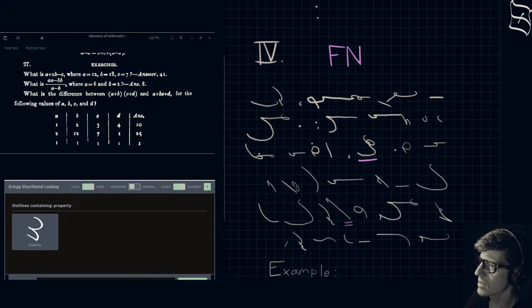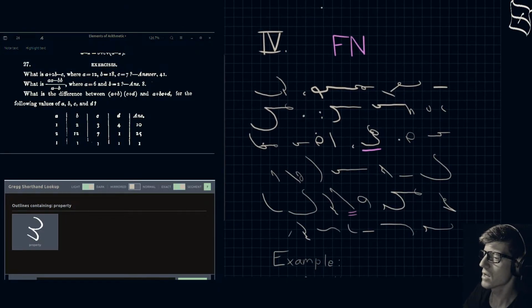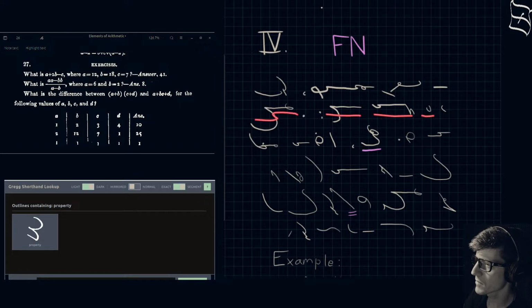Okay, and then here is our fleeting note for the fourth point, and it says that in linked numeration, positionality is of ultimate importance.